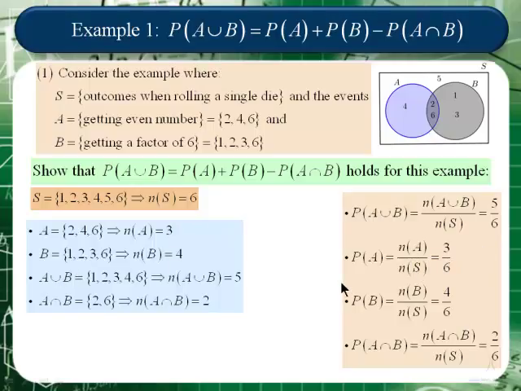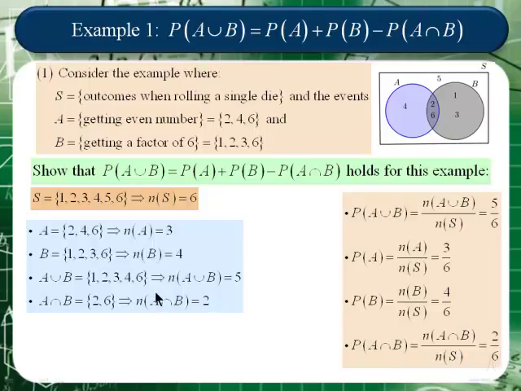The probability of event B is the cardinal number of event B, which is 4, over the cardinal number of S, which is 6. And finally, the probability of A intersection B is the cardinal number of the intersection of A and B, which is 2, divided by the cardinal number of S.